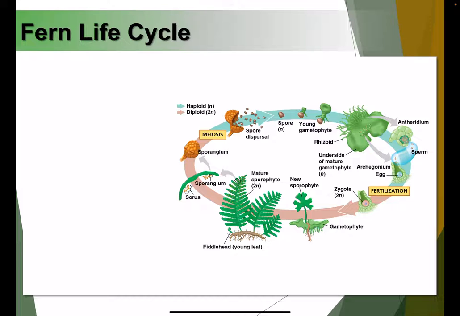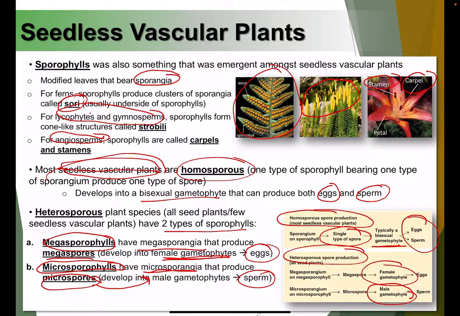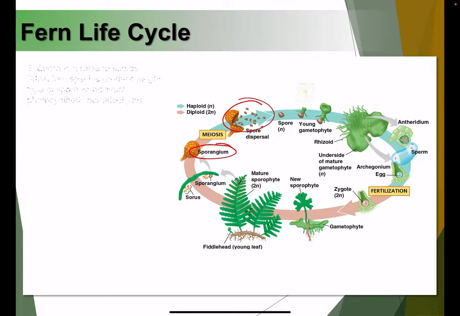All right, just as we have done the moss life cycle, let's go over the fern life cycle for vascular plants, or seedless vascular plants. First, you have the sporangia, which releases the spore. Here's the sporangia, and then it releases the spore into the environment. Most fern species actually produce a single type of spore, so they are bisexual photosynthetic gametophytes, or what we call the homosporous type of plants.